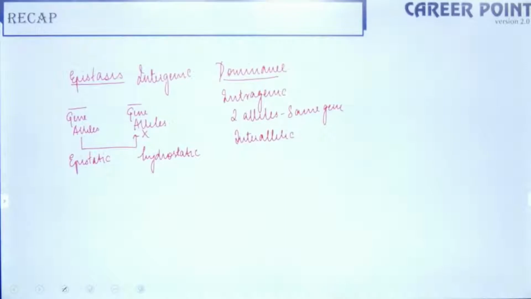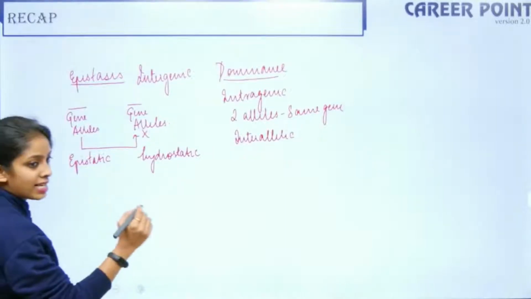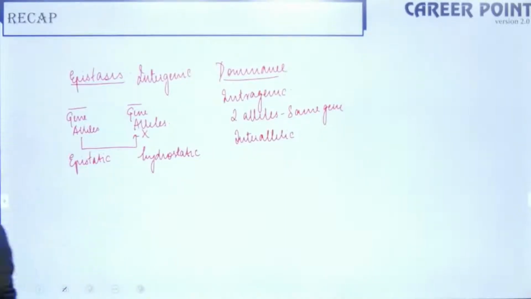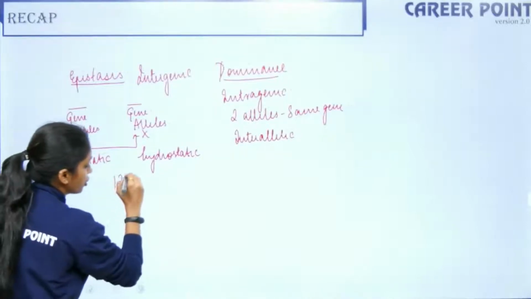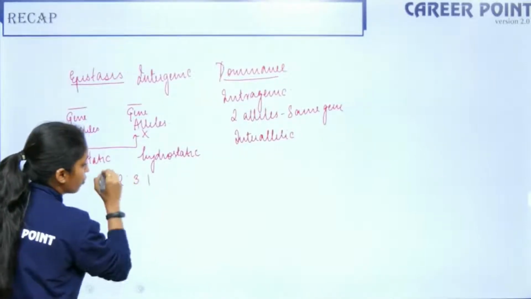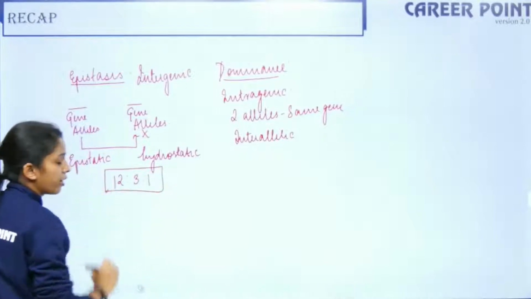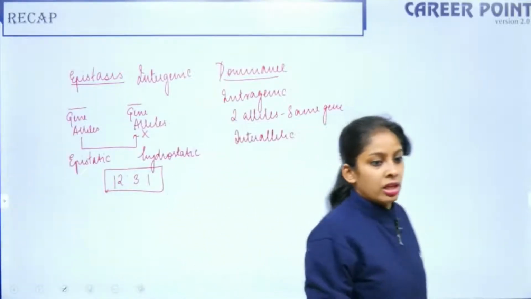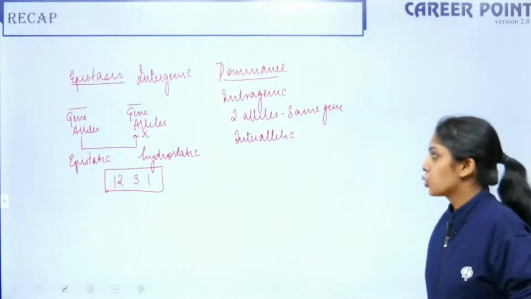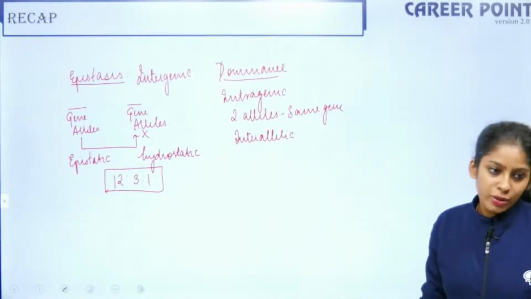So the epistatic ratio: the epistasis experiment was performed in certain plants, and the epistatic ratio is 12:3:1. The ratios are important. 12:3:1 is the functional interaction between genes, so you can put it anywhere.